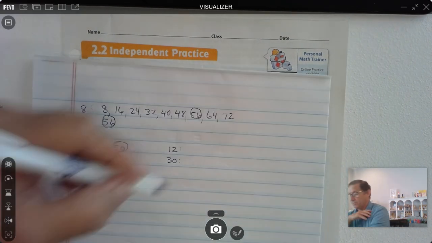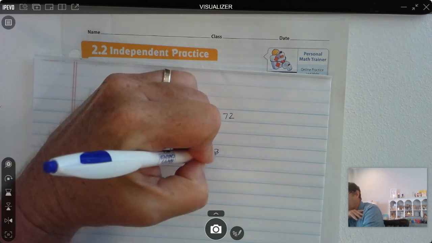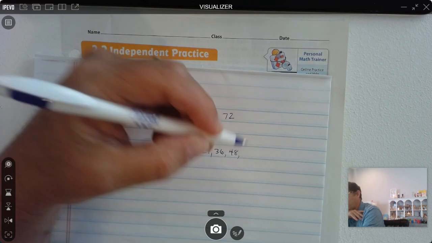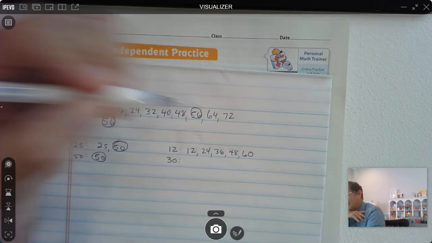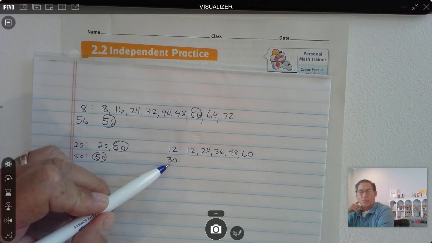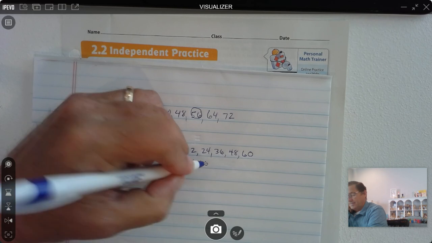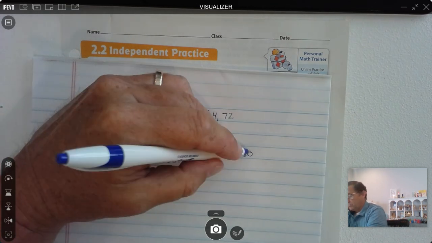All right, let's start with the smaller number, 12: 12, 24, 36, 48, 60. Now I'm going to stop there because I know that if I double 30, that's 60. So 30, 60. So the least common multiple is 60.